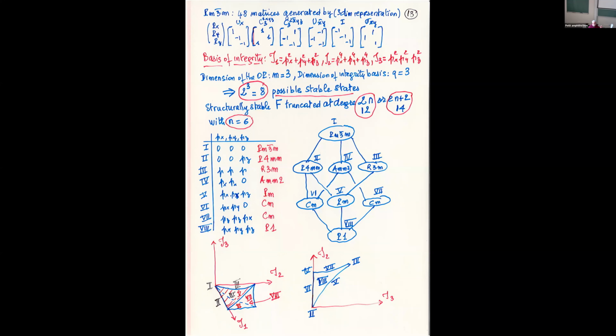Because you have to take, for example, AMM2. Let's take AMM2 since it is the case that you want. You see that AMM2 corresponds to Px equal Px. So the two first components are equal and the third is 0. So you look at the 48 matrices of Pm3̄m, which matrices keep invariant the two first.